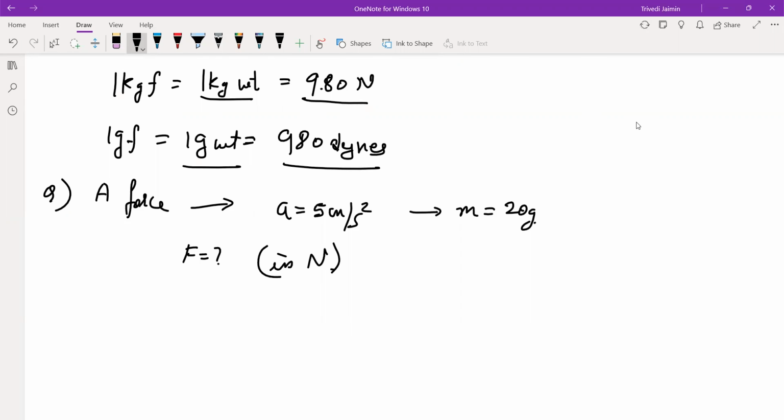Come on, I'll give you 30 seconds. Could you repeat the question? A force produced an acceleration of 5 centimeter per second square in a body of mass 20 grams. Find out the force in newtons. Your time starts now.